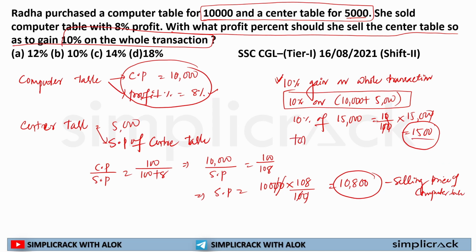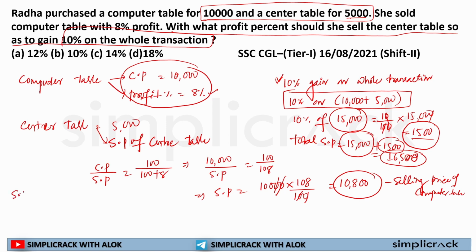So the total sales price will be what? Total cost price plus total gain, that is 16,500. See, in this case total cost price was 15,000, and we got total profit 1500. So the total sale price is 16,500, and out of this 16,500 you are already getting 10,800 for what? Computer table.